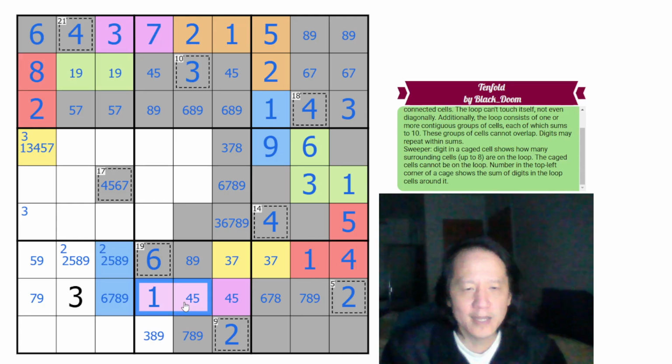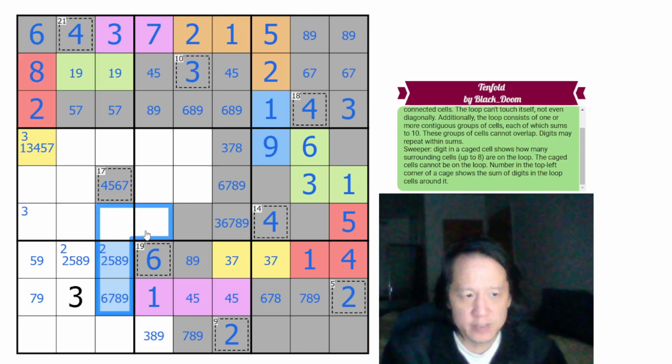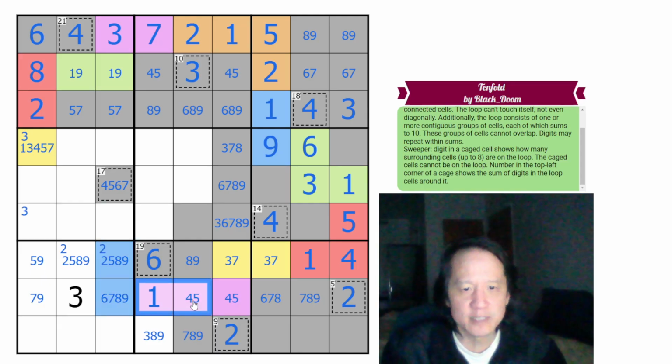Well, these can't add up to 9. So this cannot be all part of the same set of 10. Because if this only adds up to at most 6, therefore this has to be at least 13. So this is always part of another part of the loop, but we don't know which.